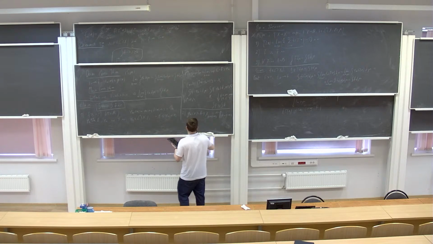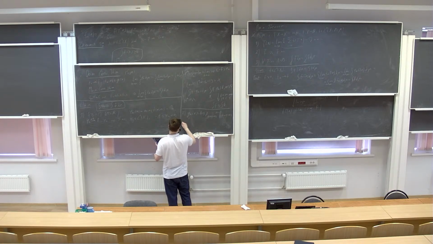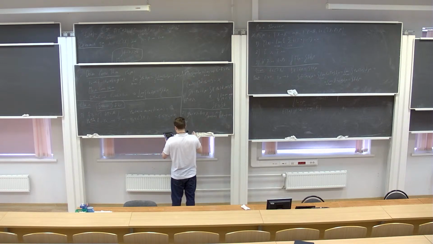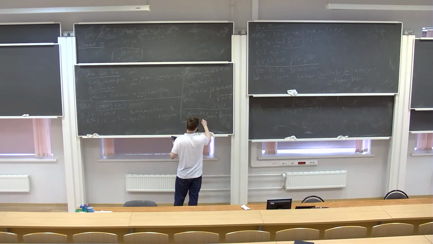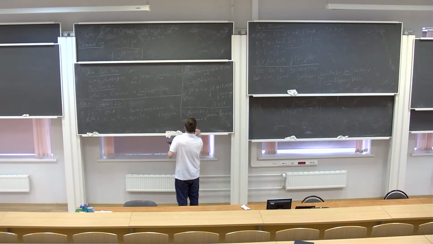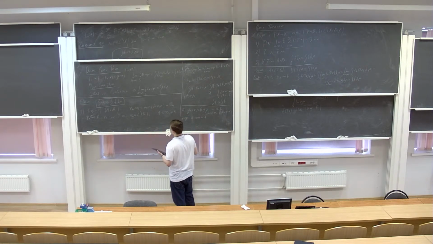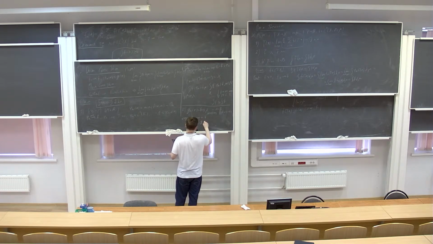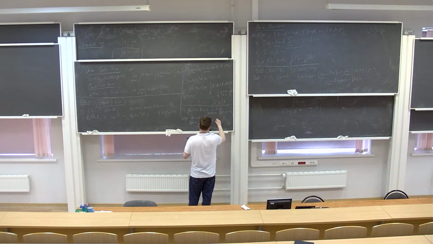So functions gn are obviously integrable, and they decrease to f. We can just use the first part of the proof of our claim, so the fact that the integral of gn is greater or equal than the integral of gn hat, which is greater or equal than minus n times mu of x.